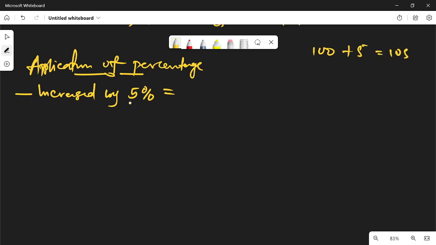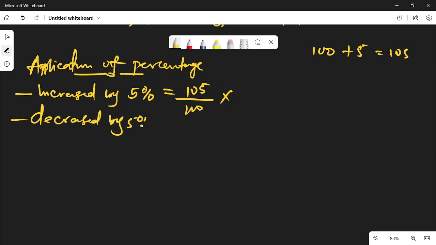So percentage increase by 5% is going to be 105 over 100 multiplied by x. And if it is decreased, decreased by 5% is going to be 95 all over 100 multiplied by x, where x is the total number of what you are talking about.